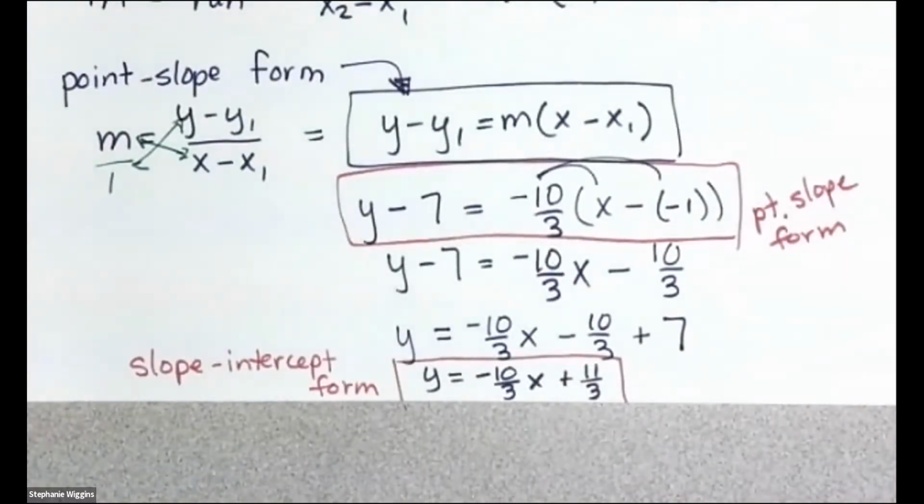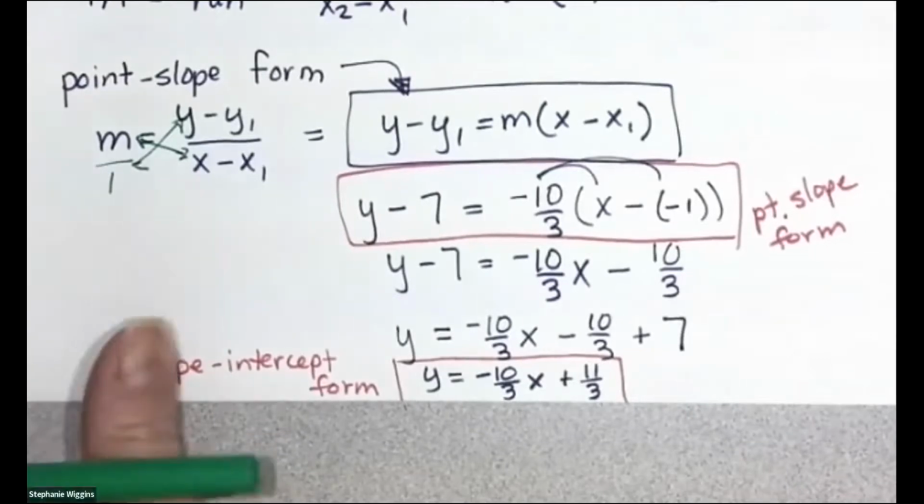And it'll tell you which form they want it in. They'll tell you to put it in slope-intercept or put it in point-slope, so you want to be familiar with those different forms. There are two other forms that are not used so much, and let me just show you what they are.